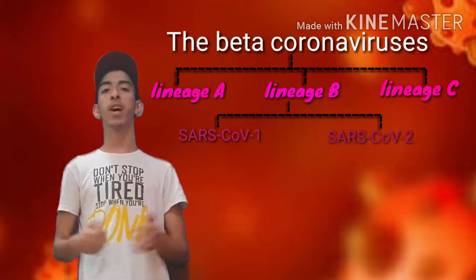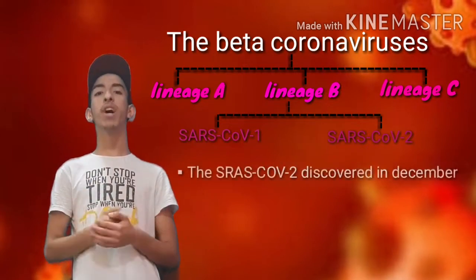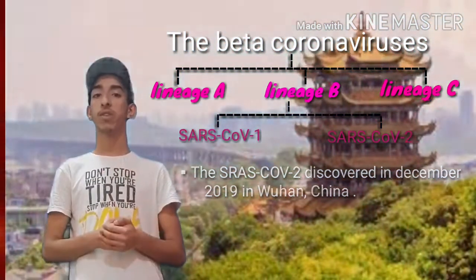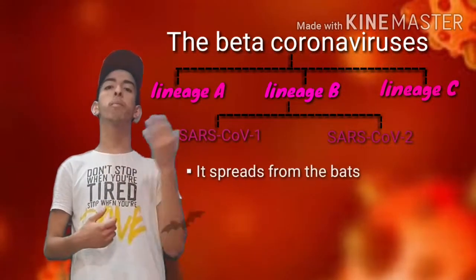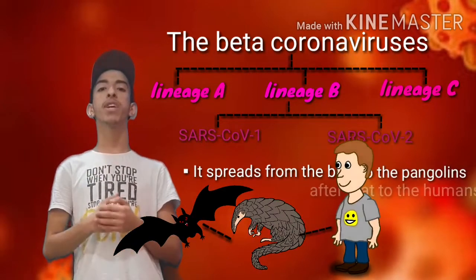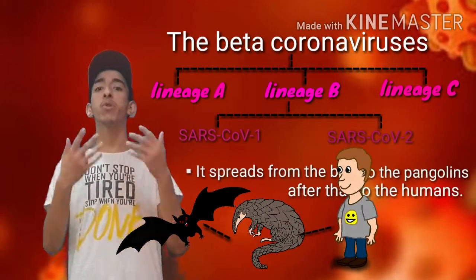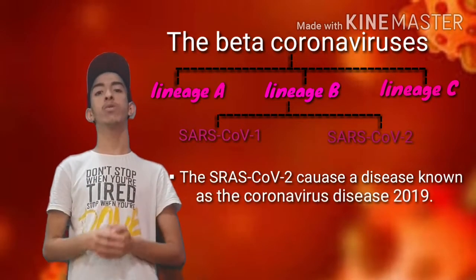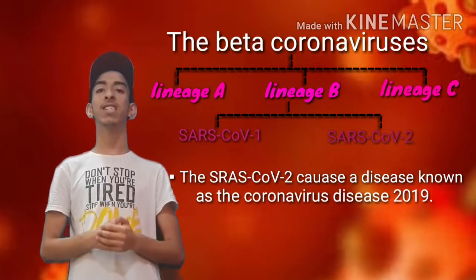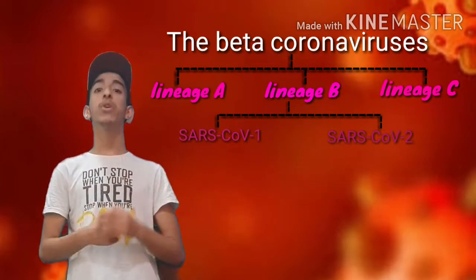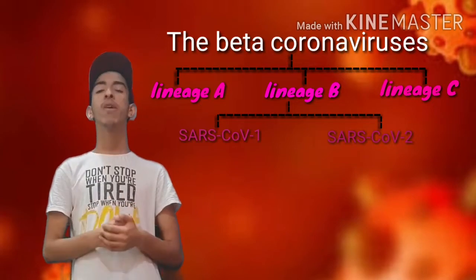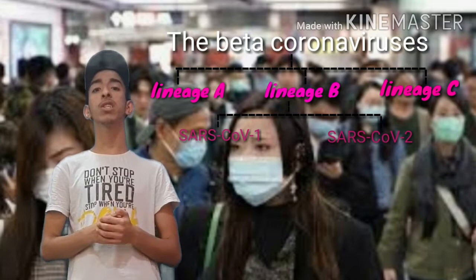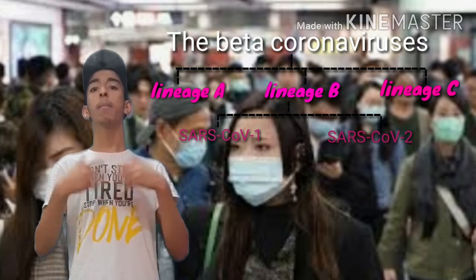The SARS coronavirus 2. The SARS coronavirus 2 was discovered in December 2019 in Wuhan, China. This virus spreads again from the bats to the pangolins, after that to the humans. After it infects the humans, it causes a new disease known as the coronavirus disease 2019, or what's known as COVID-19. This virus infected millions of people around the world, and the World Health Organization recognized it as a pandemic.